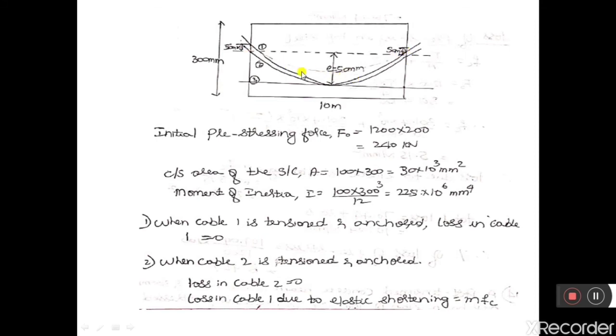Similarly, cable 2 also has two eccentricities: one with respect to the midpoint, that is 50 mm, and with respect to the support the eccentricity is 0. So for the two cables we get two different eccentricities. We shall calculate the compressive stresses developed in the concrete due to the eccentricity at the support and due to the eccentricity at the midspan.